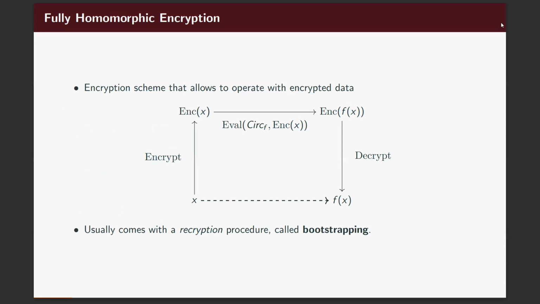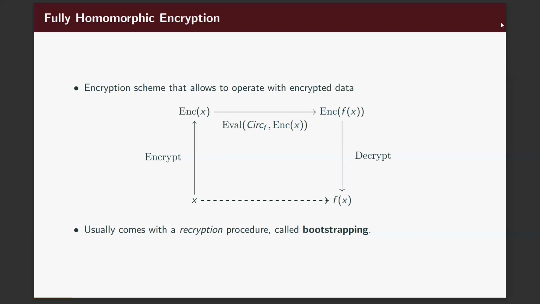We will start with a brief introduction about homomorphic encryption, which is an encryption scheme that allows us to operate on encrypted data without decryption. So the server or the cloud gets the encryption of x under the user's secret key, and they evaluate the circuit for f. They will get the encryption of f(x) without x being revealed.